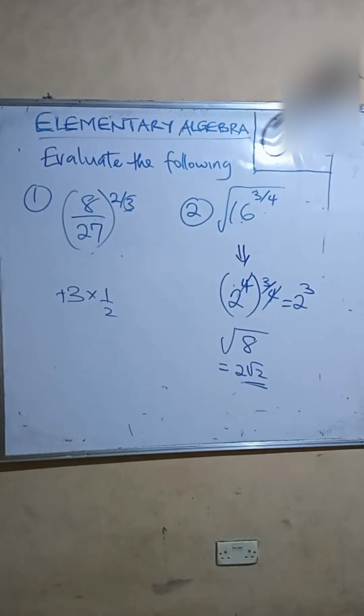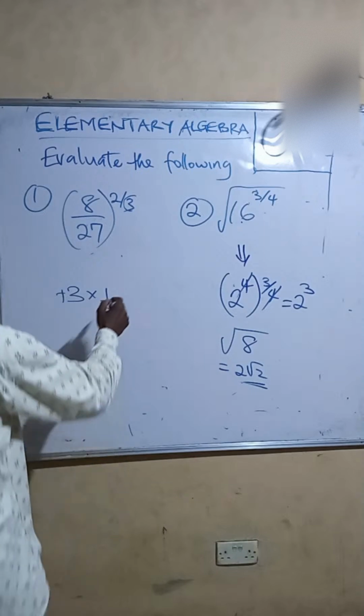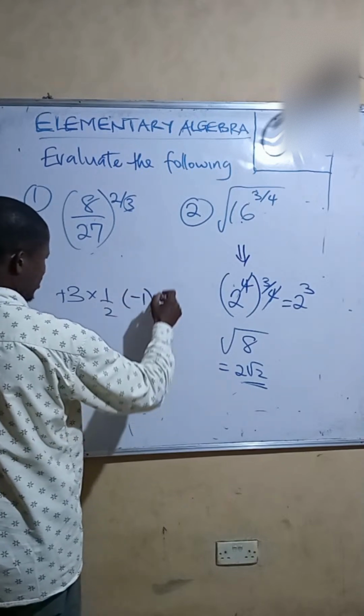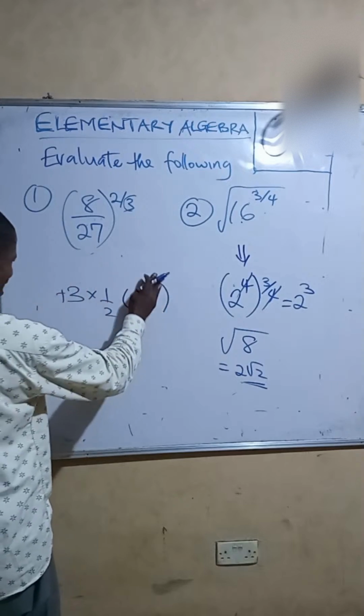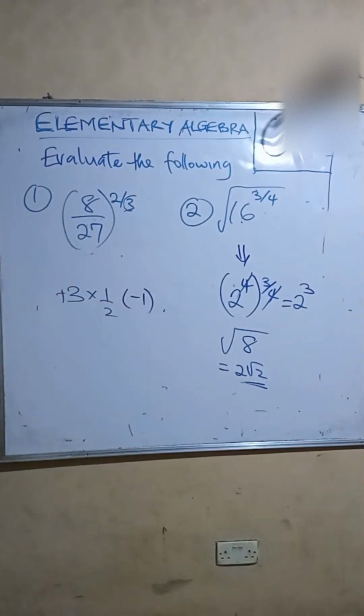And again, times what? Times minus 1. Times minus 1, and you put a bracket. I don't know where the bracket is, whether here, I can't see. Okay. So you can see.